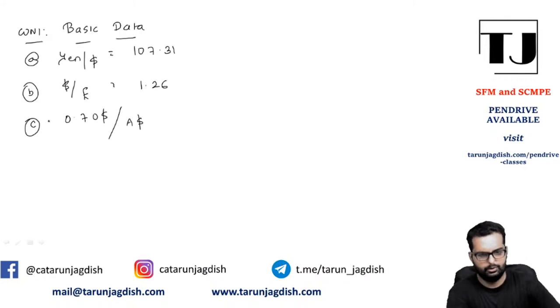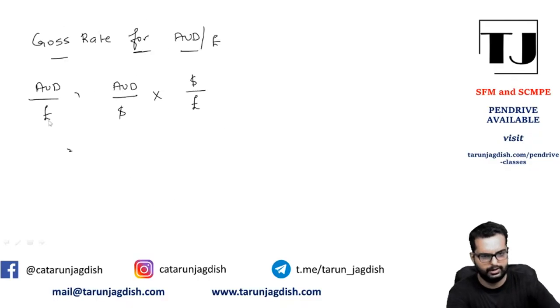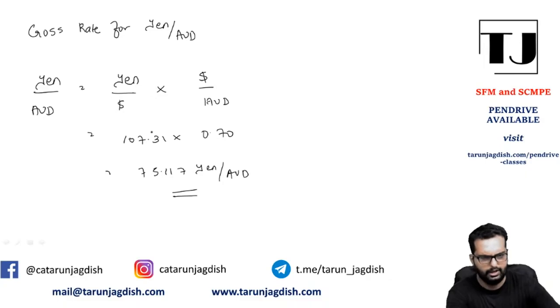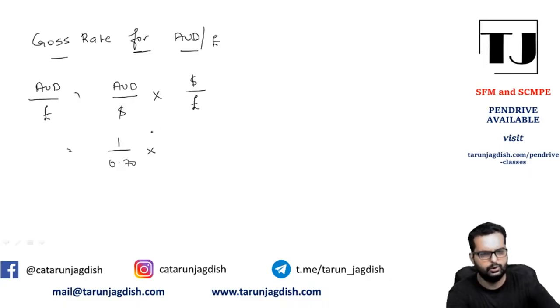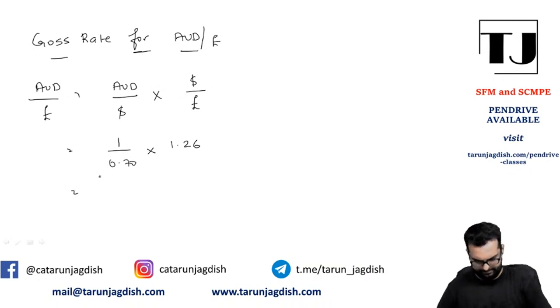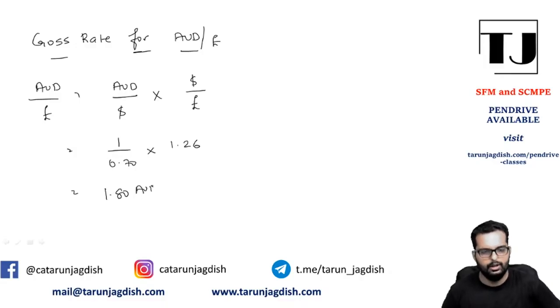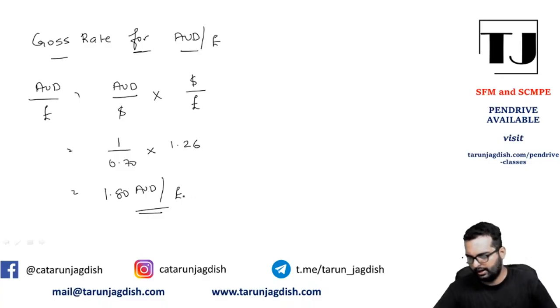We have dollar per AUD. So AUD per dollar will be 1 divided by 0.7, multiplied by dollar per sterling. Do we have dollar per sterling? Yes, it is 1.26. So once you do it this way, you get the answer as 1.80 AUD per sterling. Can you write down this and finish it off, friends? So we are done with this question.